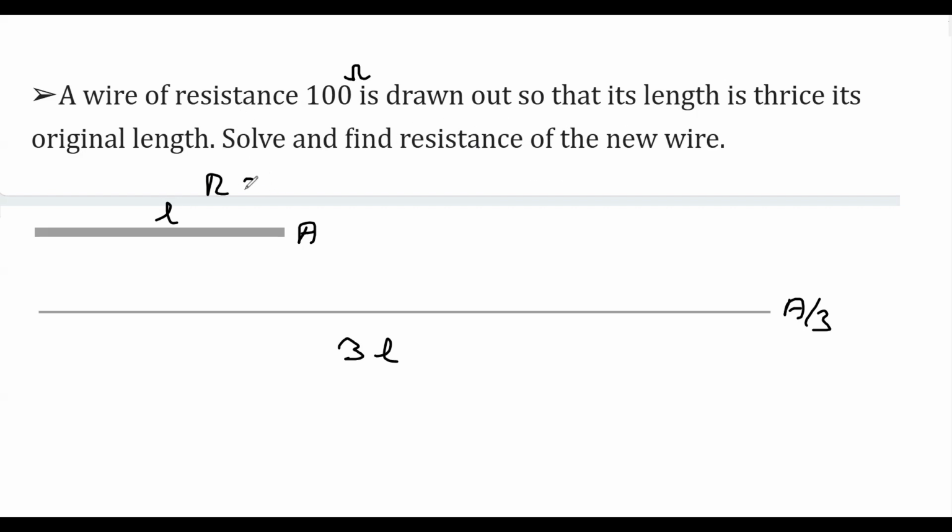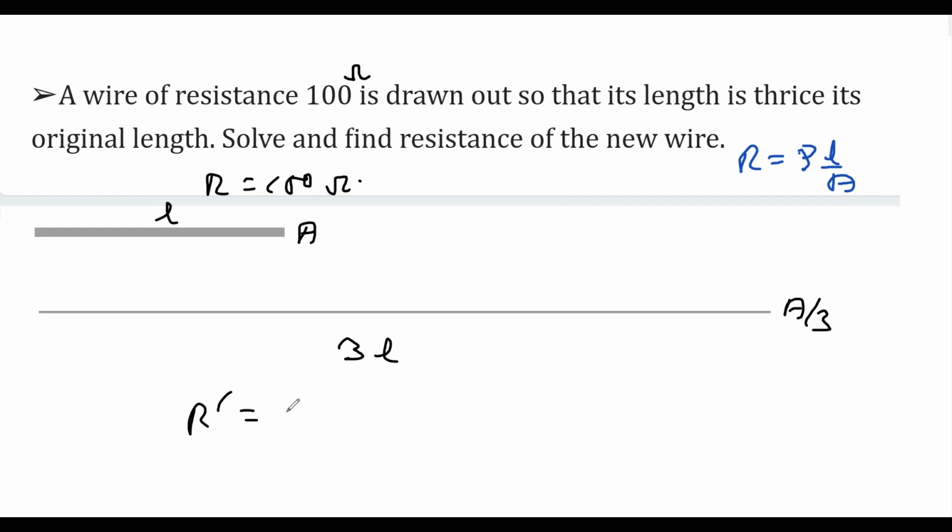So the resistance given here is 100 ohm for the original wire. Now we have to get the new resistance. Say I took R dash, and the relation we should know is that R is equal to rho, resistivity, L over A. Important here are the length and the cross-section area.